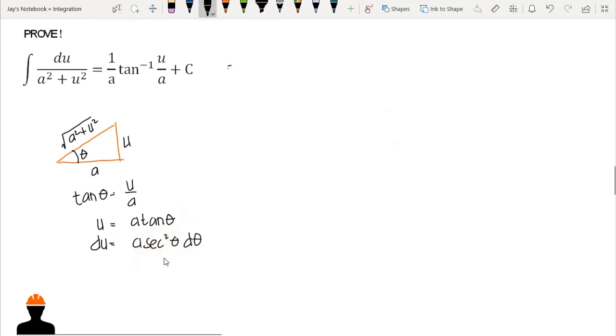So therefore, let's change du here as a secant squared theta d theta over, now how are we going to eliminate u? So we know that our u again is a tangent theta. Therefore, we could say that is a squared plus our u, that is a tangent theta, but it is squared.